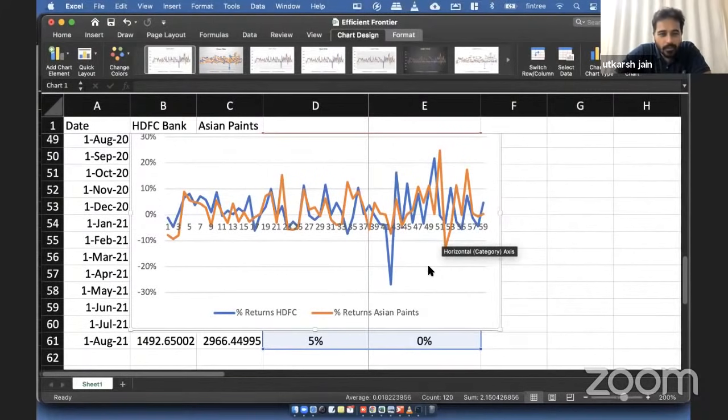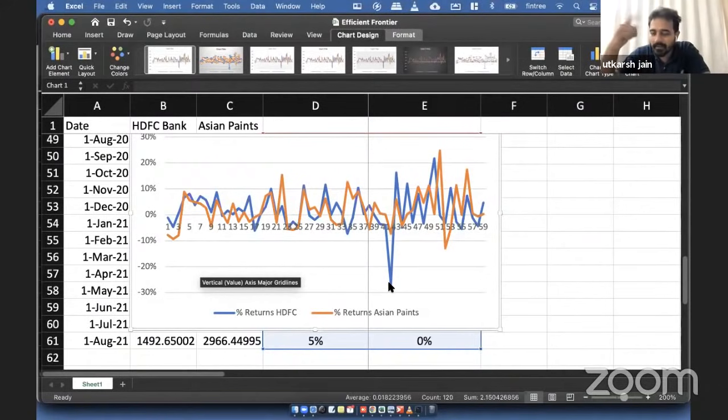What do you think? Which one looks a little more volatile to you here? HDFC maybe, right? Except we have these extreme negative outliers where it looks like there was a month when we were more than negative 20%. Of course the data needs to be investigated, but it looks like there was a negative event.